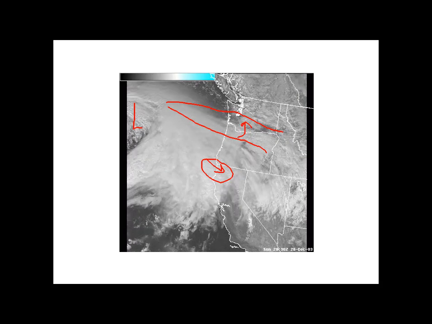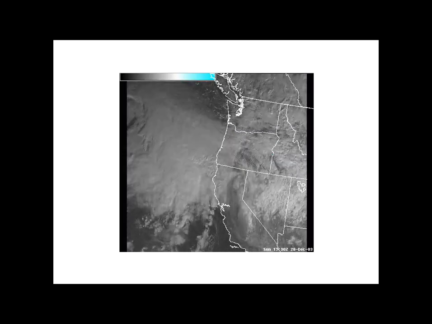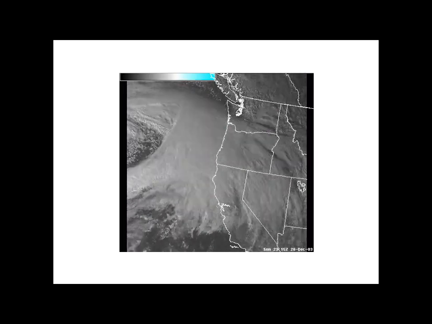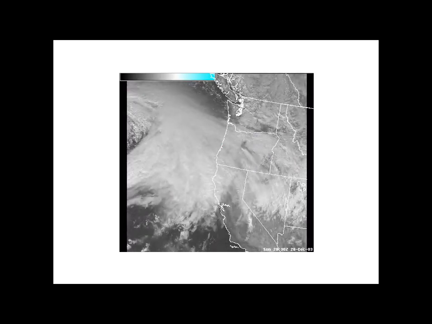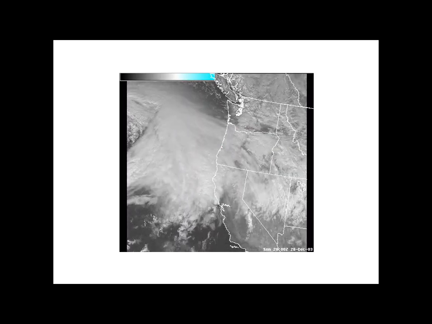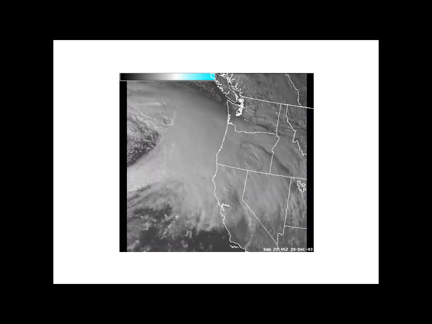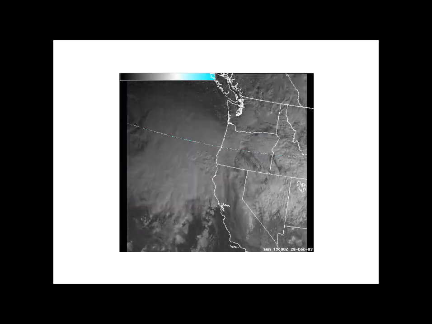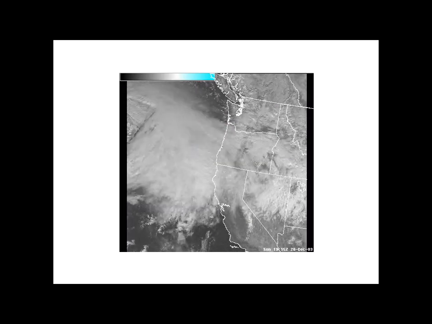Next, we're going to take this and increase the speed of the loop, and rock it back and forth and see what we can see. This technique allows us to identify persistent low-level features that are partially covered by higher clouds at times. What two low cloud features can you see in this loop that suggest a stable air mass that's trapped in the valleys and not mixing out at this particular time?